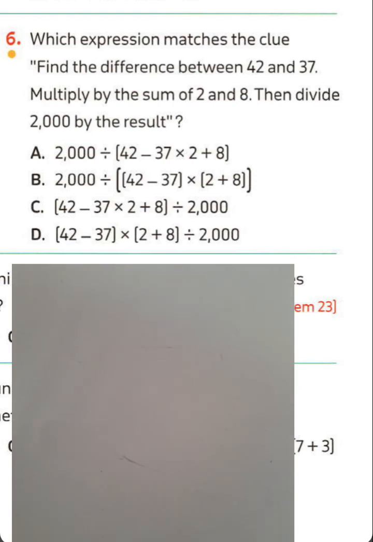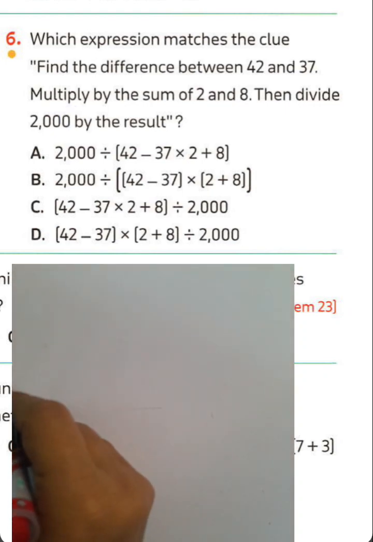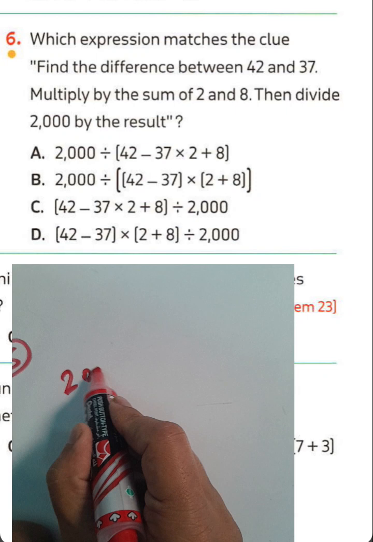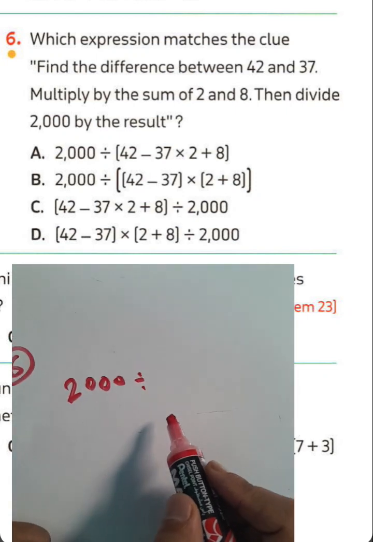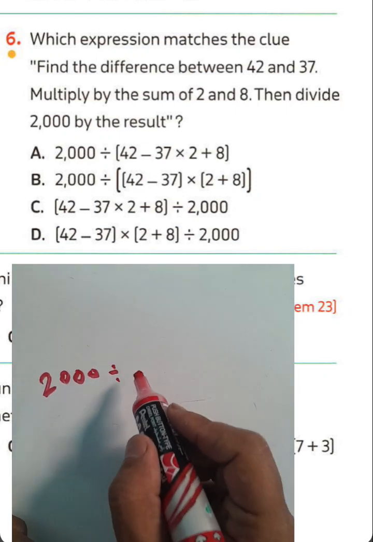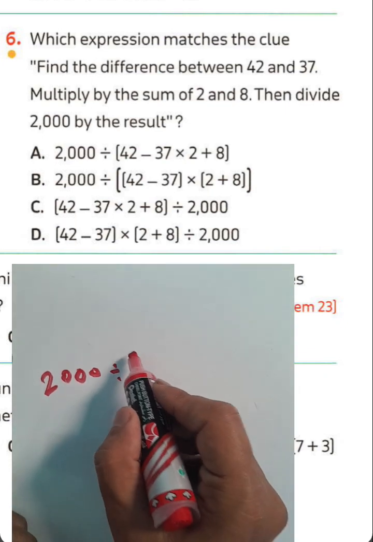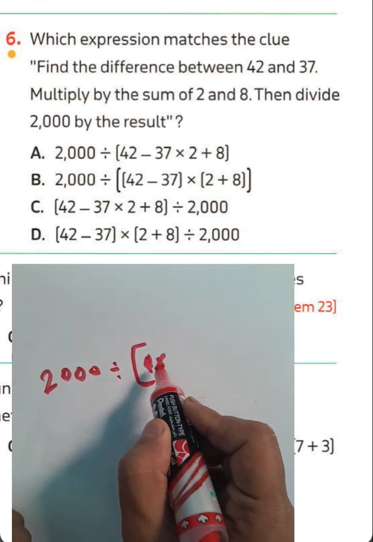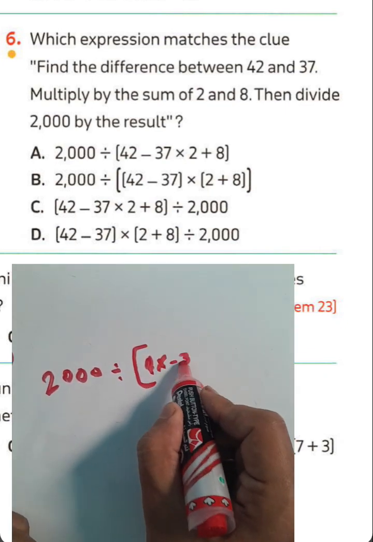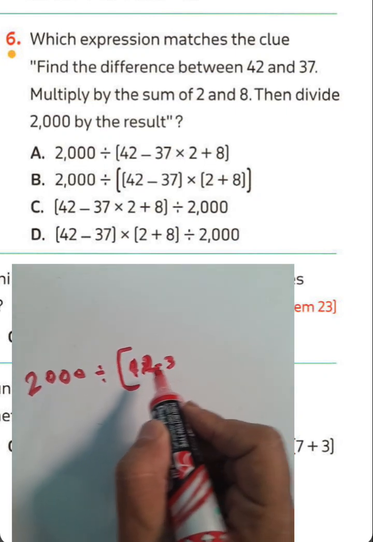Which expression matches the clue? Find the difference between 42 and 37. Multiply by the sum of 2 and 8. Then divide 2000 by the result. What is the difference between the two numbers, 42 and 37?